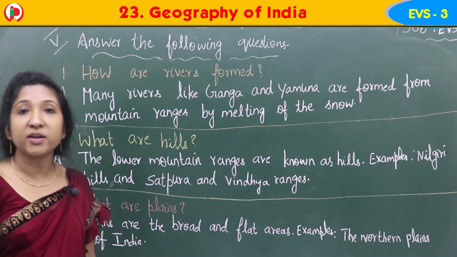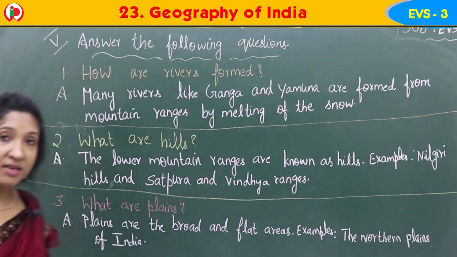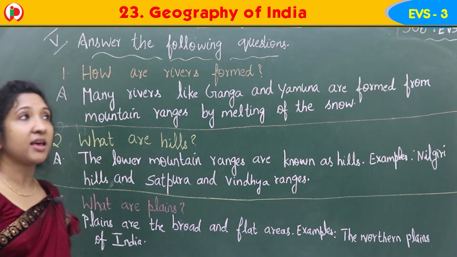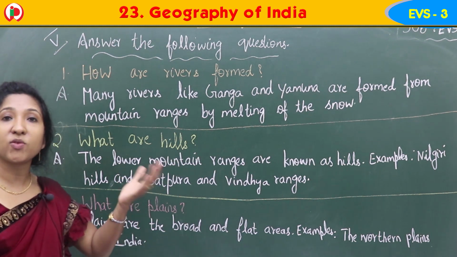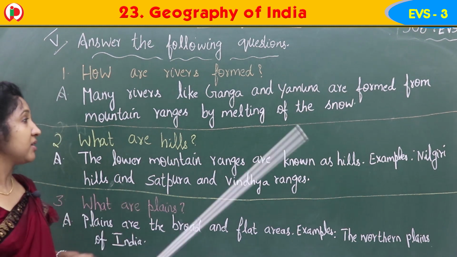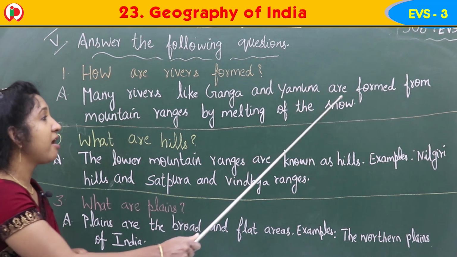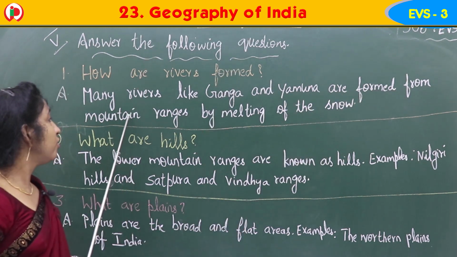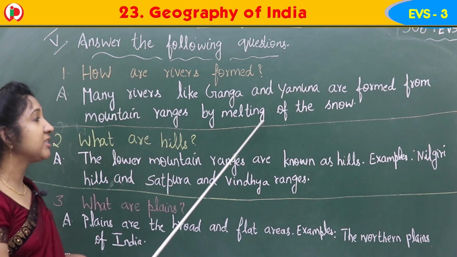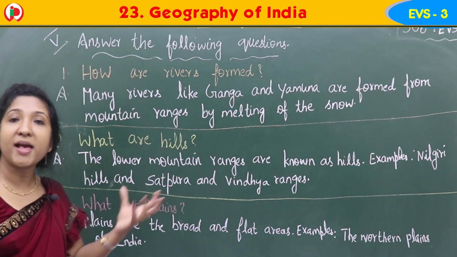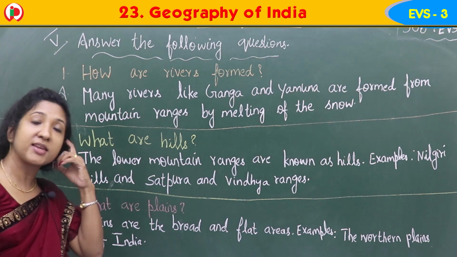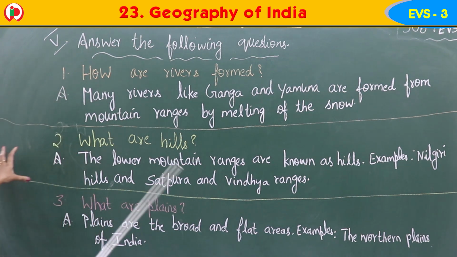Snow melts, water flows and form the rivers. And some rivers like Ganga and Yamuna flow from mountain ranges to the plains, isn't it? Yes. Many rivers like Ganga and Yamuna are formed from mountain ranges by melting of the snow. Snow melts and they form water and finally form the rivers.